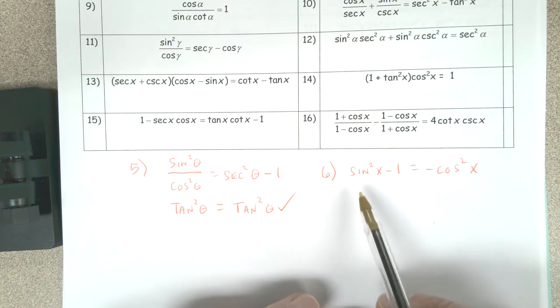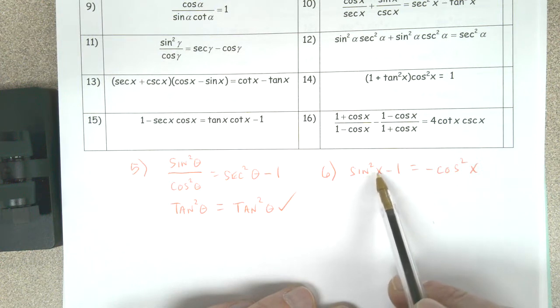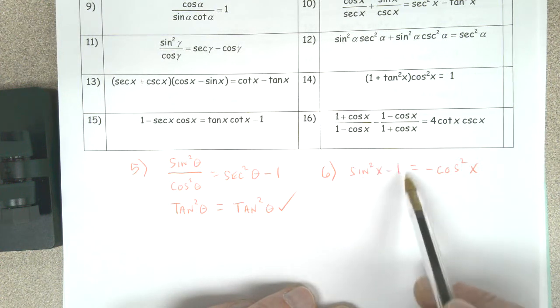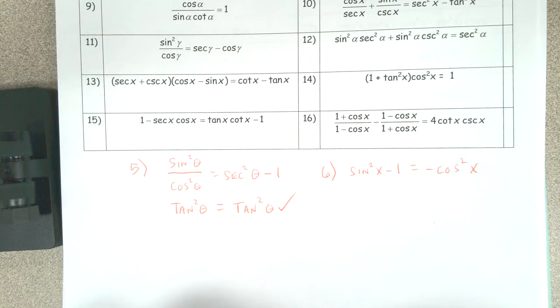So first, sine squared x minus 1. Well, we know that that's one of our Pythagorean identities.